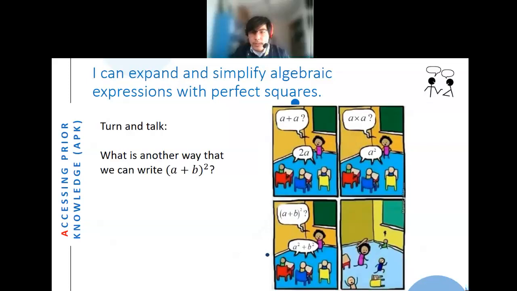Okay, so I've got one person putting in chat here, a plus b squared. So a plus, and then b squared.